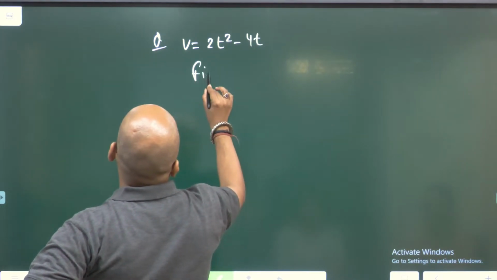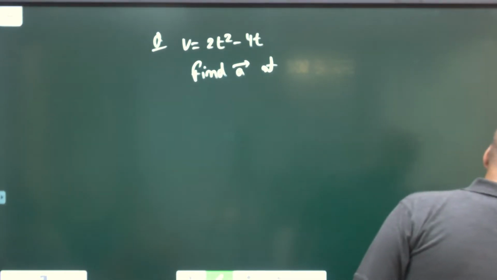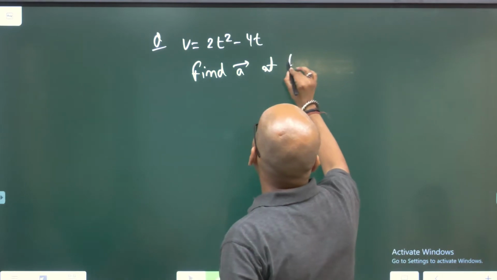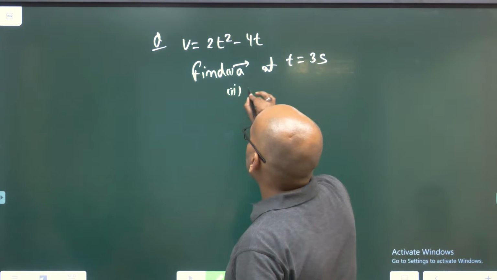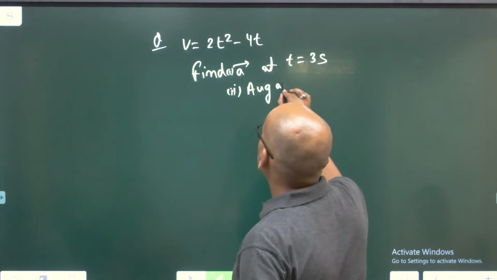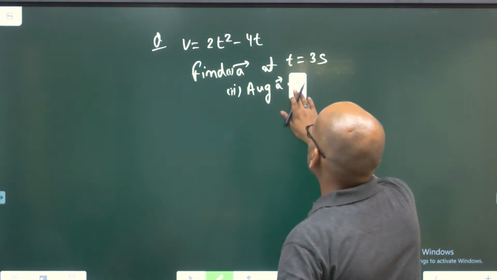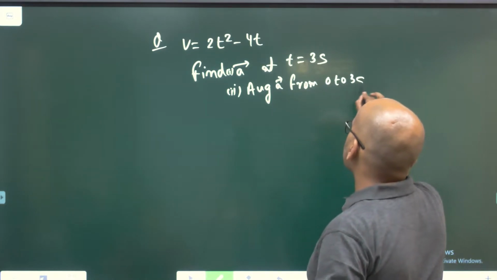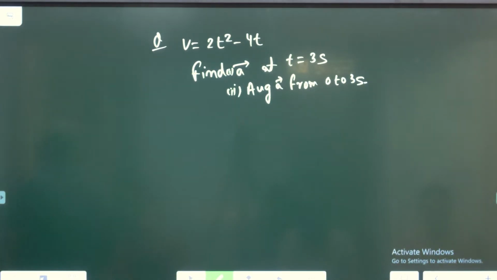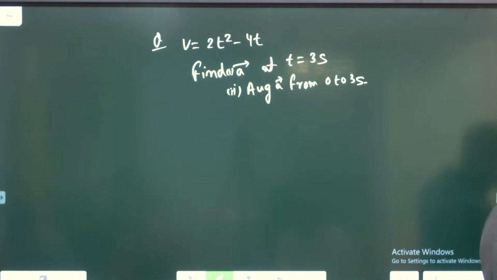So find acceleration at t equals to 3 seconds and average acceleration from 0 to 3 seconds. Do it fast.